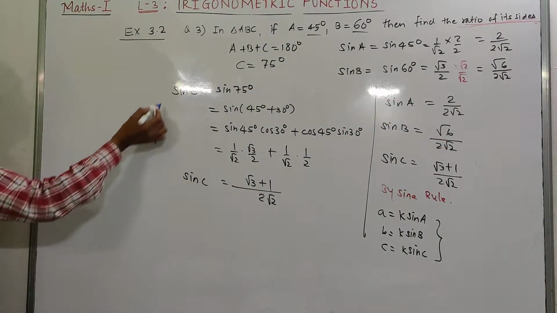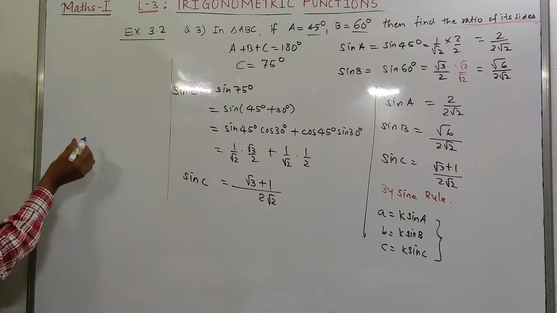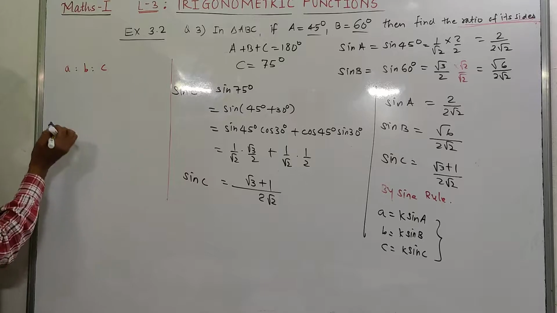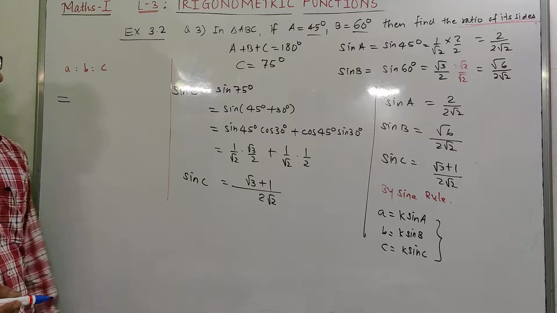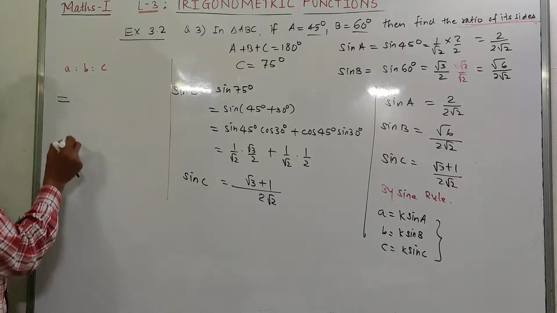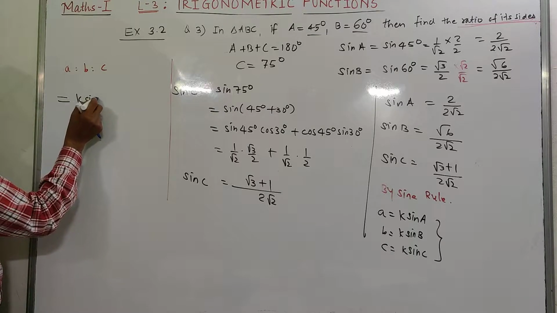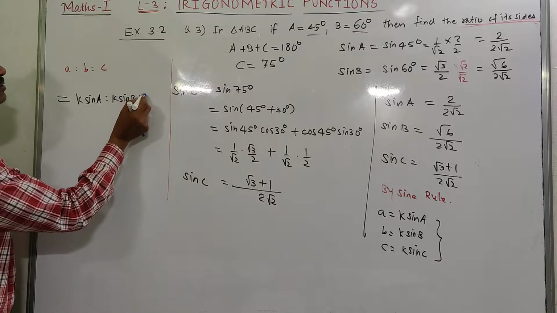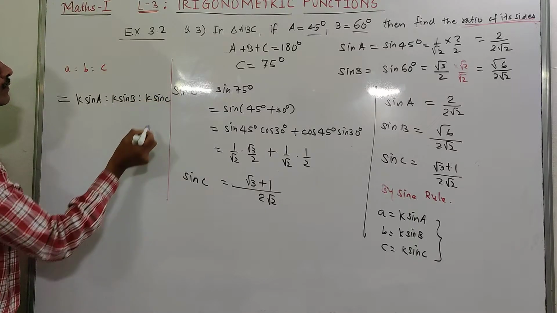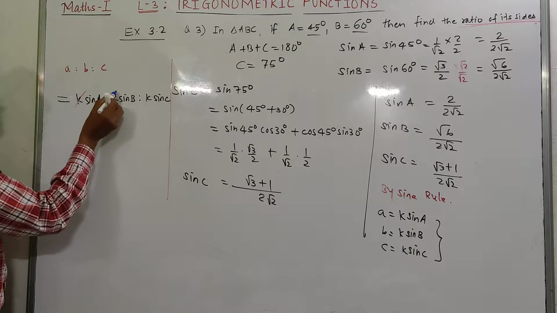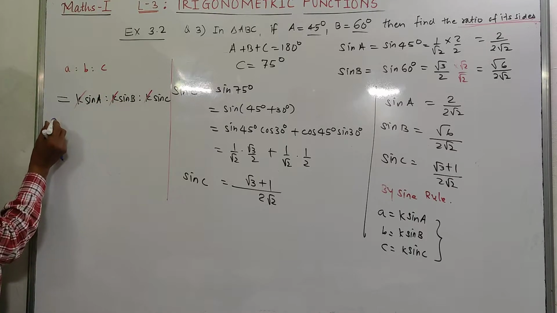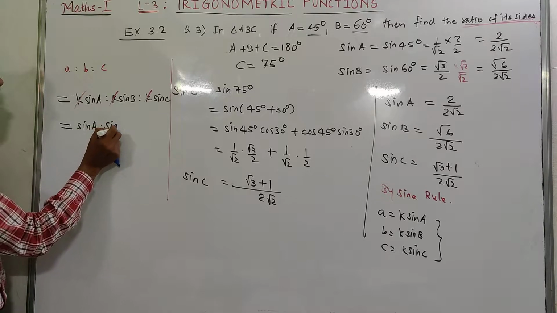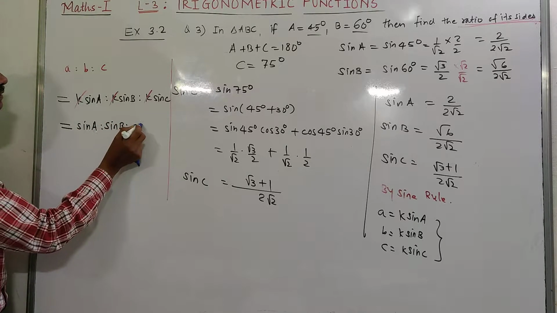That means we find a is to b is to c. That is equal to what? a is K sine A, so K sine A is to K sine B is to K sine C. K is getting cancelled. Sine A is to sine B is to sine C.